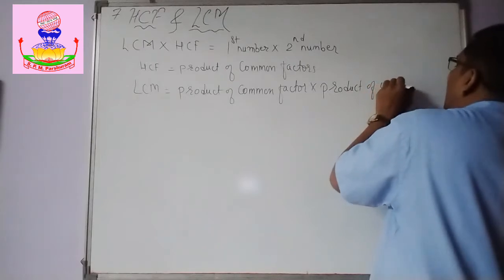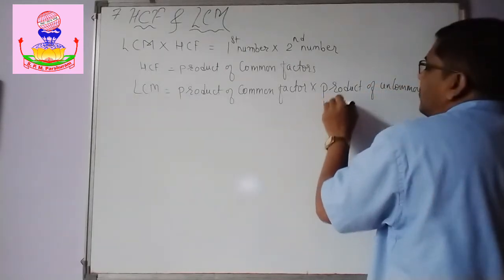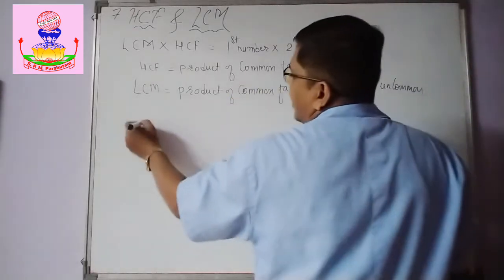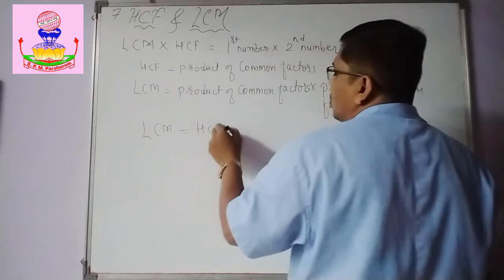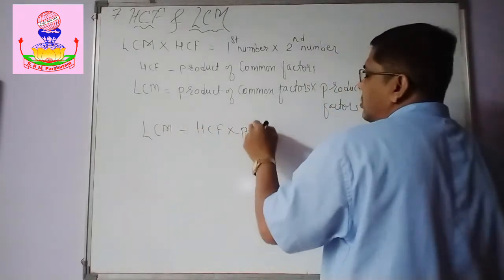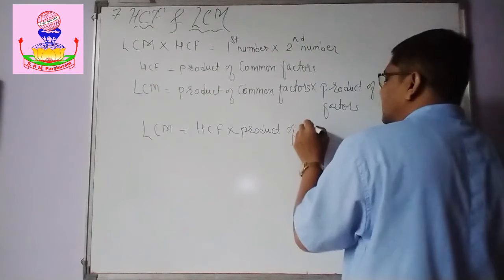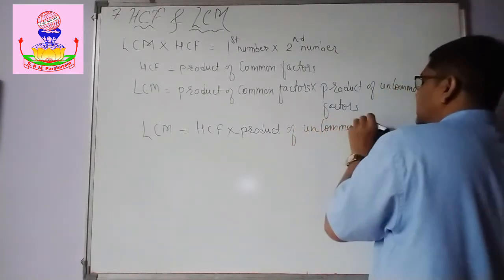Now, product of common factors means HCF. So I can have LCM is equal to HCF into product of uncommon factors, or non-common factors.